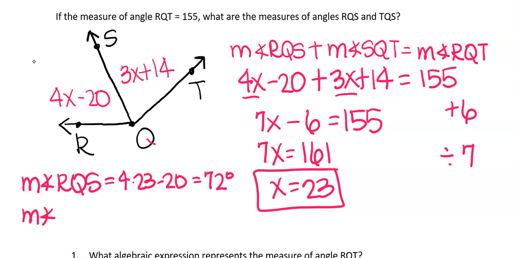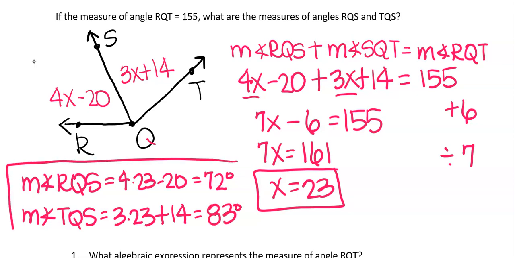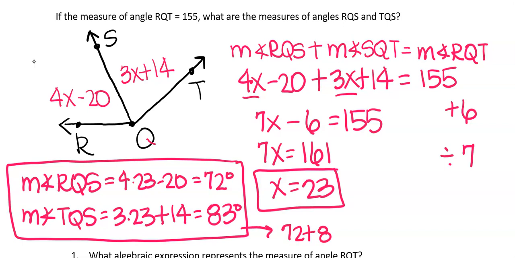And the measure of angle TQS, or SQT, would be 3 times 23 plus 14, which is 83. Now if we add those two together, 72 plus 83 equals 155, just like they said it did. So that one does work.